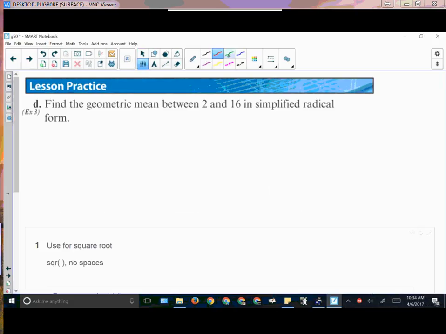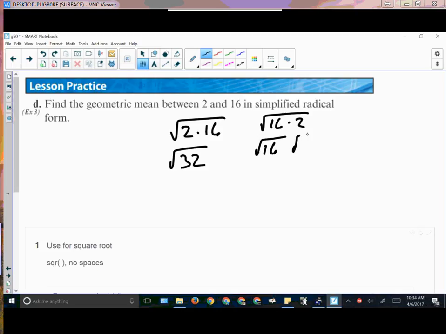we find that we have the square root of 2 times 16, which is the square root of 32. Now, in simplified radical form, does 32 have a factor that's a perfect square? And the nice thing is they actually gave it to you right there as it was working out, 2 and 16. So that means I'd be looking at the square root of 16 times 2, square root of 16, square root of 2.